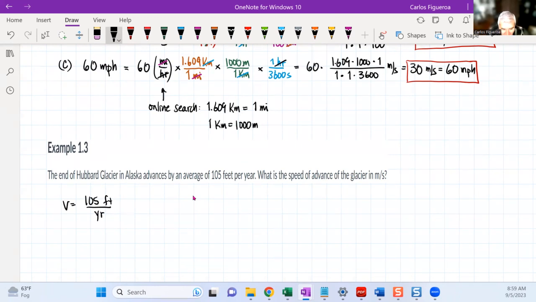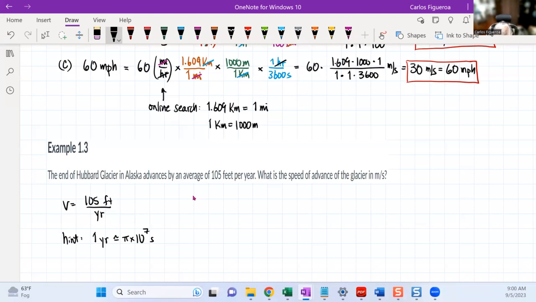But let me give you a hint of how I remember how many seconds are in a year. If I don't have to worry about the right answer or just get close, 1 year is approximately pi times 10 to the positive 7 seconds.